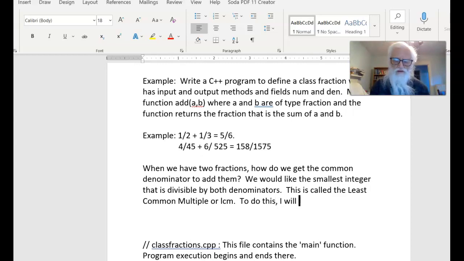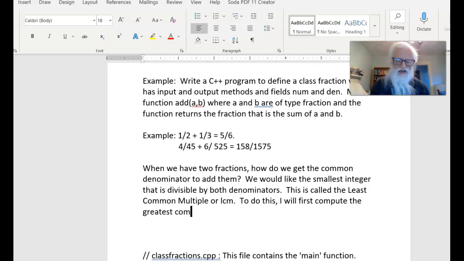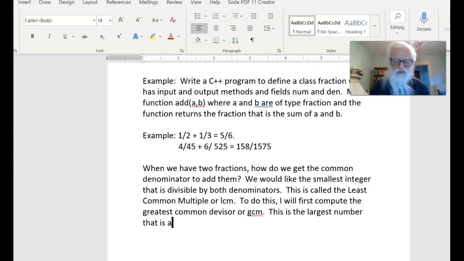I will first compute the greatest common divisor, or GCM. Now, what is that? That is the largest number that is a divisor of both denominators.